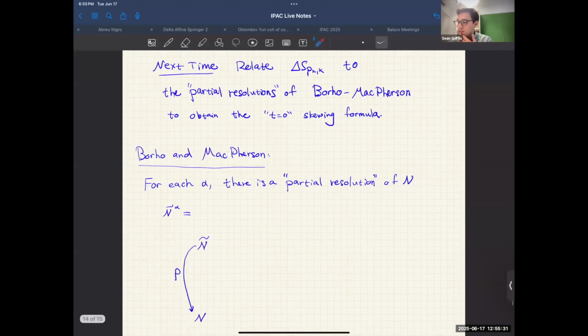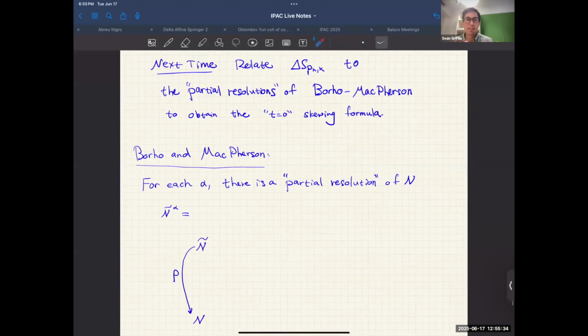And the way that plays out is basically you can relate it to what are called partial resolutions of nilpotent varieties that were invented by Borho and MacPherson, and they have something to do with the skewing formula.